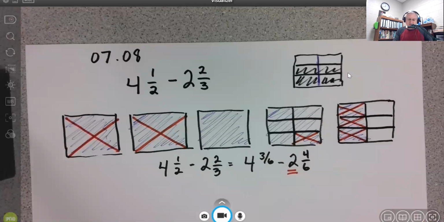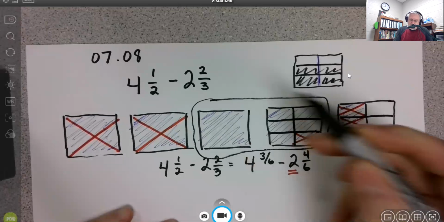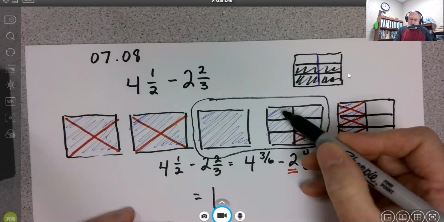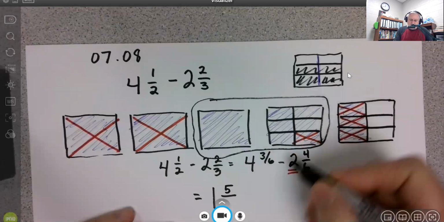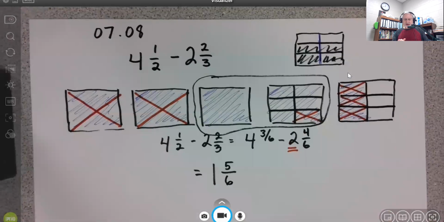So what I'm left with is what's right in this area here. I'm left with 1 whole and 1, 2, 3, 4, 5 parts out of the whole, which would be 6. So my answer is 1 5/6.